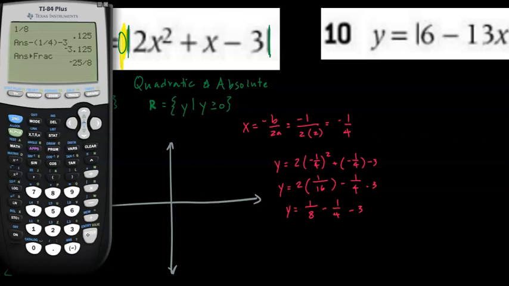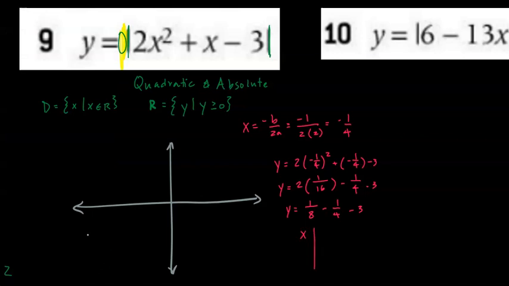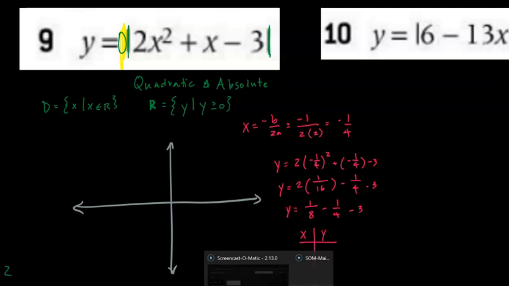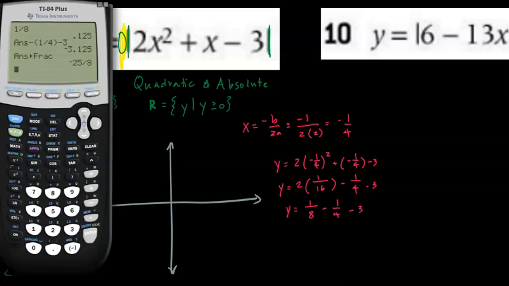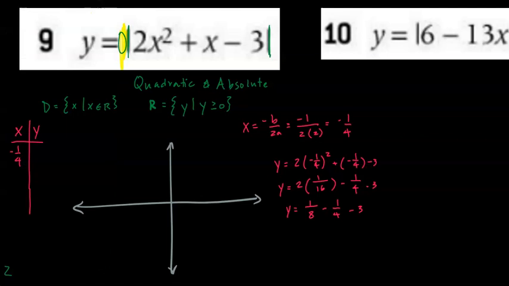So if I start making some values on this table, we'll make it here. X and Y. So we had negative 1/4, and what's that number? Negative 25/8.